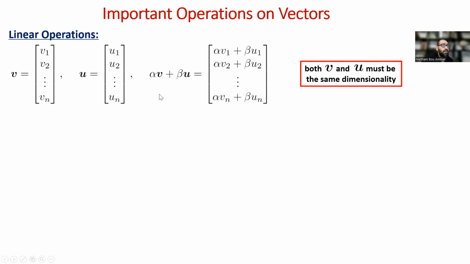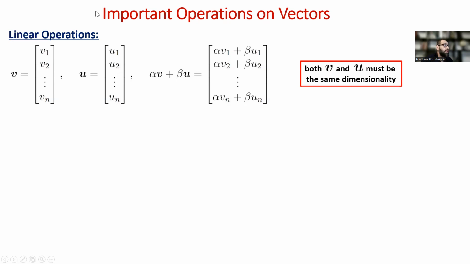Now what you could do is add those 2 vectors and multiply each by constants like alpha and beta. So we can do what we call a linear combination of those vectors. We take the vector v, multiply it by alpha, take the vector u, multiply it by beta, and then add them together.